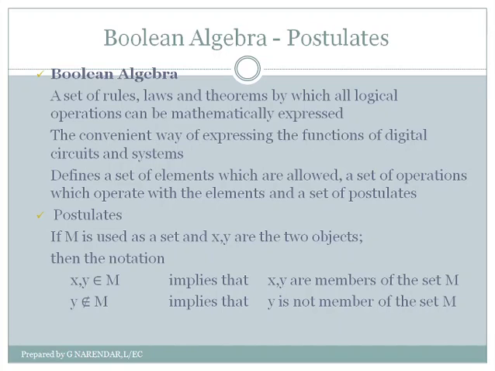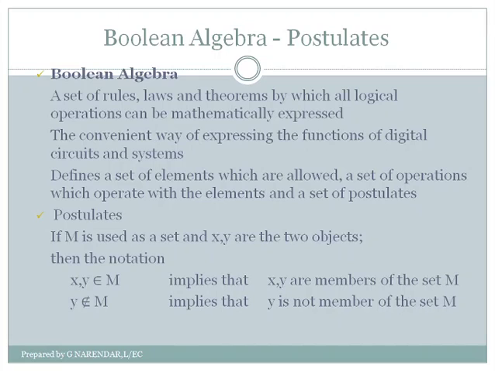For this we'll look at certain notations before discussing the actual postulates. Boolean algebra is defined on a set of elements, it also defines a set of operations, and a set of rules that are assumed to be true. Here also we'll assume the same thing.